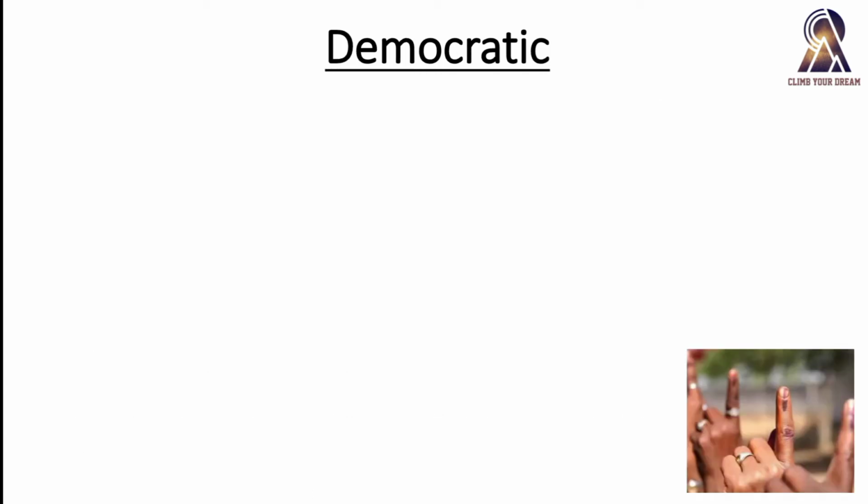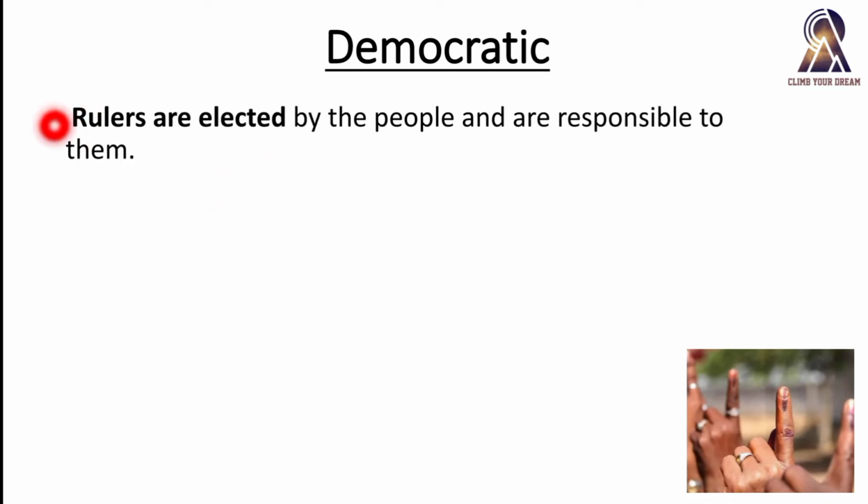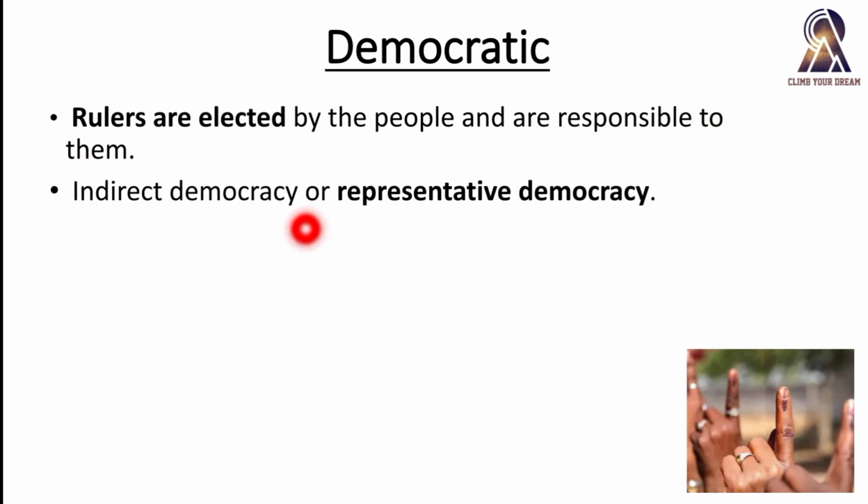And the next fundamental value is democratic. A democratic country means there is a ruler who is elected by the people and is responsible to them. And India has an indirect democracy, or you can call it a representative form of democracy, which means people don't directly go to the assembly or parliament, but they elect a representative to represent them in parliament or state assembly.